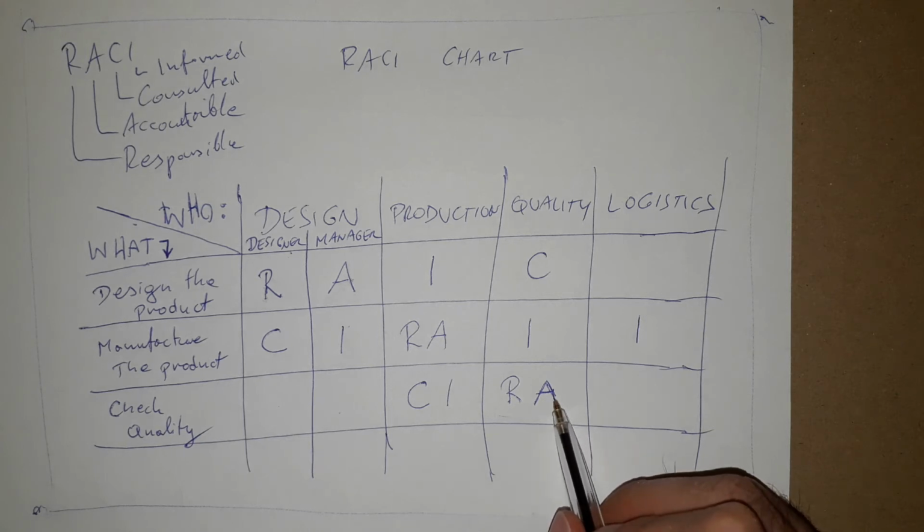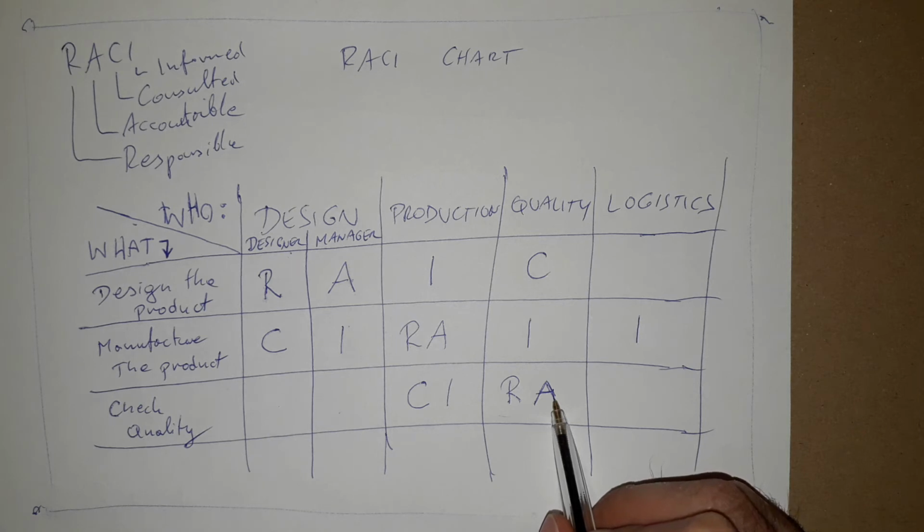If they, for example, make a mistake and control a product in such a way that they leave a defective product to the market, to the customer, then they will be accountable for the job of bad control.